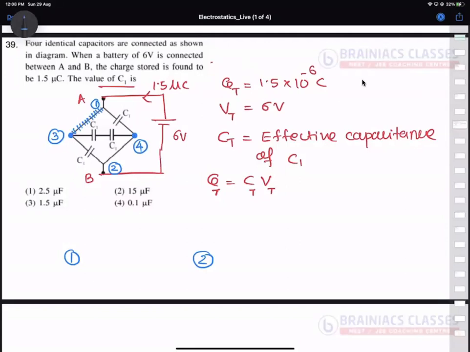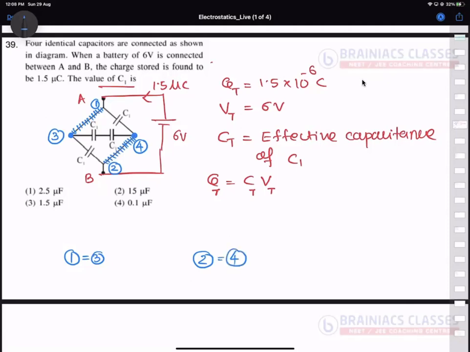That is, 1 and 3 are connected by a wire, which means 1 equals 3. So I'll write 1 equals 3 here. In the same way, between 2 and 4 there is nothing, it's just a wire. A wire is a short circuit connection, indicating both points are the same. So 2 and 4 are the same.